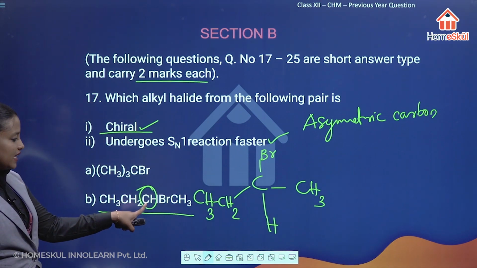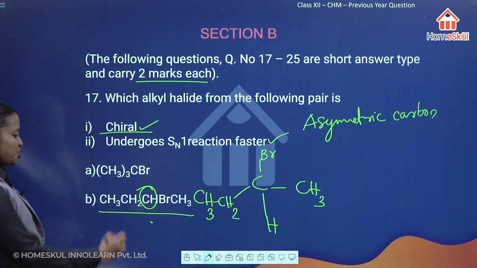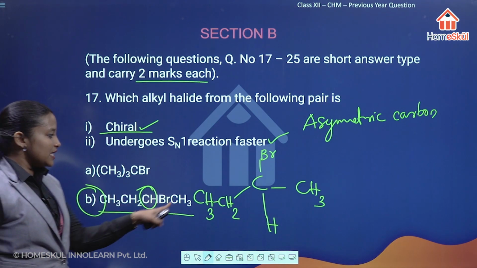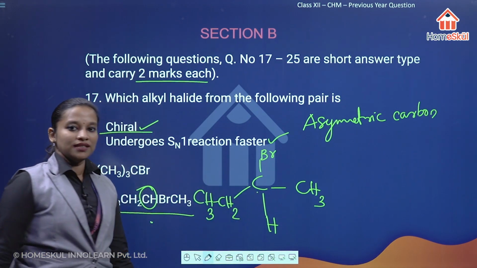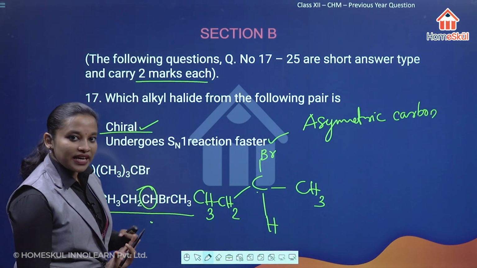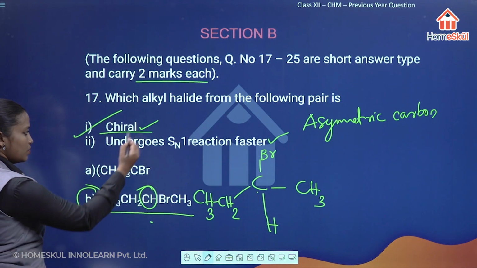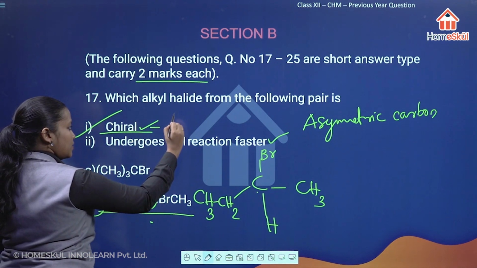Here we can see the presence of an asymmetric carbon. So the correct option is option B. Since it possesses an asymmetric center, it shows optical activity. It is chiral in nature. So the chiral compound is B.